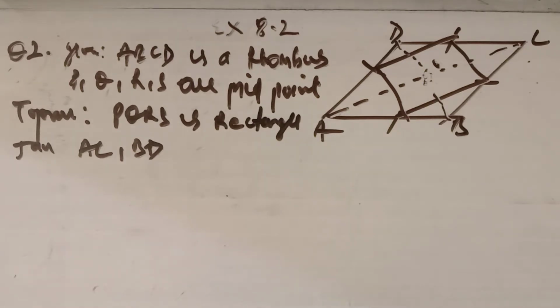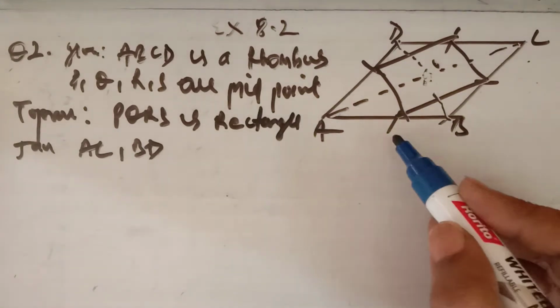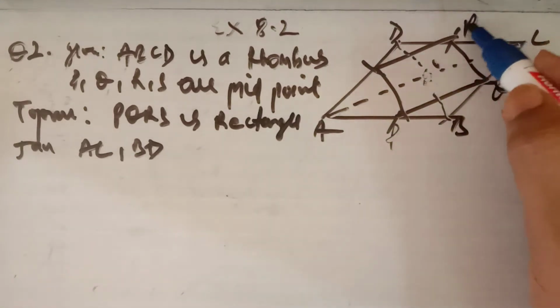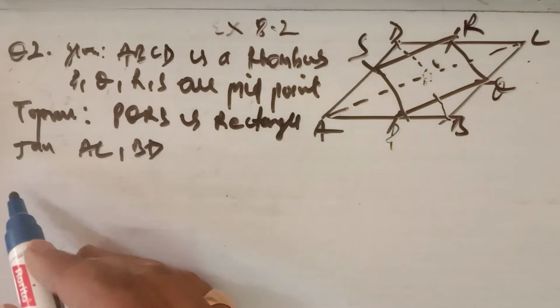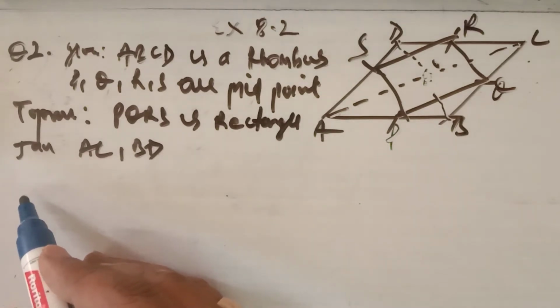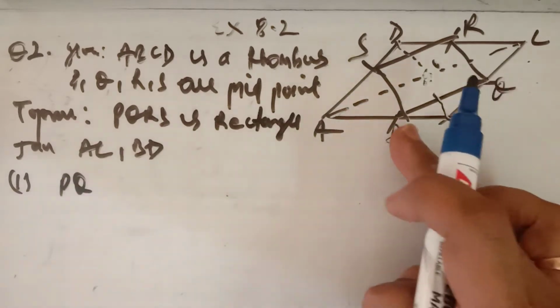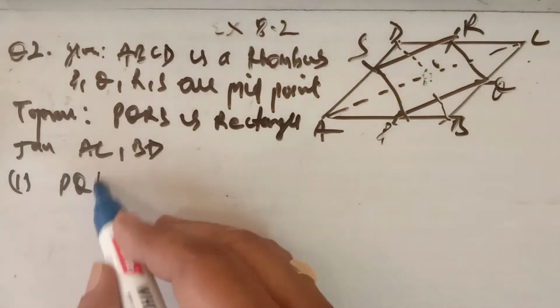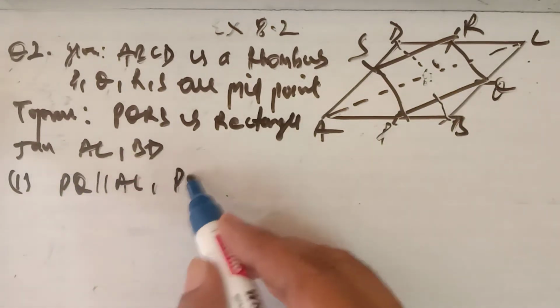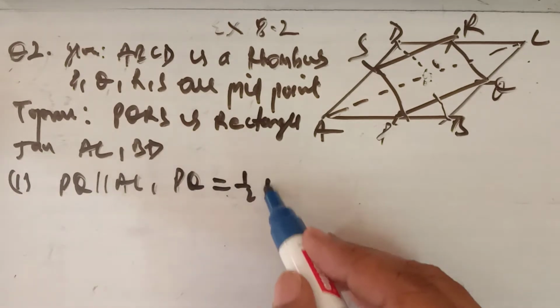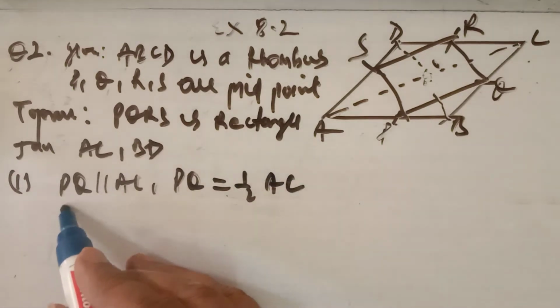To prove that it is a rectangle, first of all I'll prove that PQRS is a parallelogram, then I'll prove that it is a rectangle. PQ is parallel to AC and PQ is equal to half of AC, by the midpoint theorem.